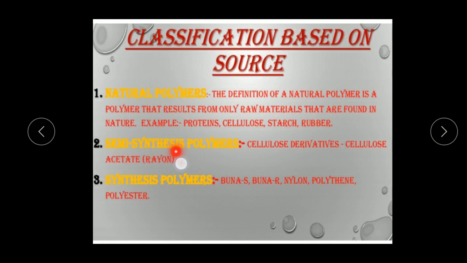The second one is semi-synthetic polymers, which are made artificially from natural ones. Those are cellulose derivatives, such as cellulose acetate. The third one is synthetic polymers, which are also created artificially. Those are buna, nylon, polythene, and polyesters.